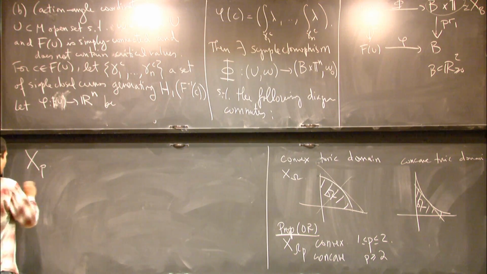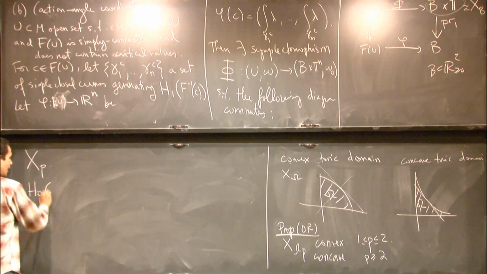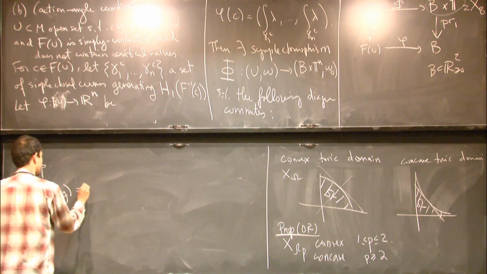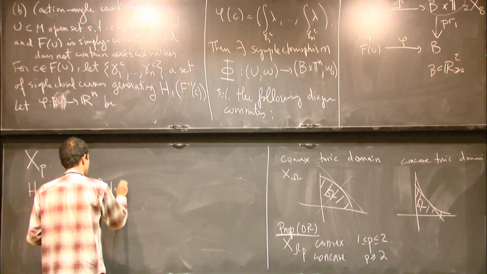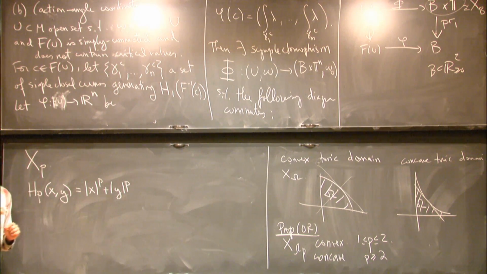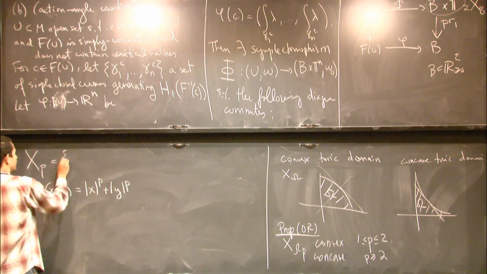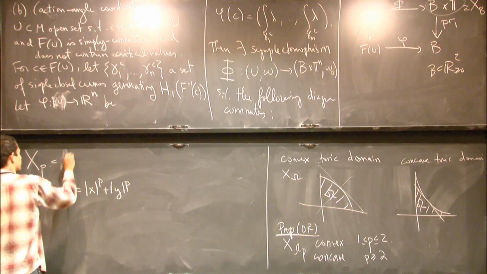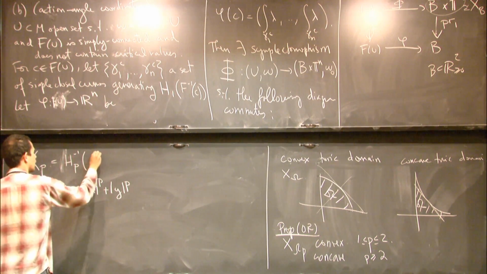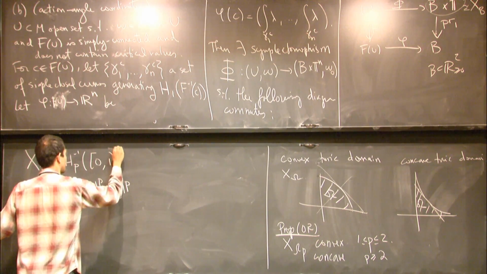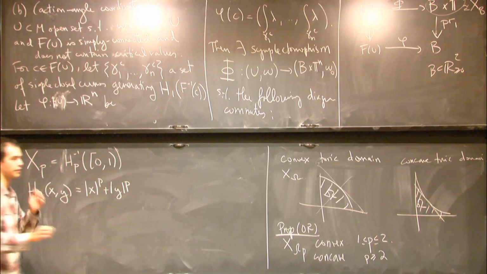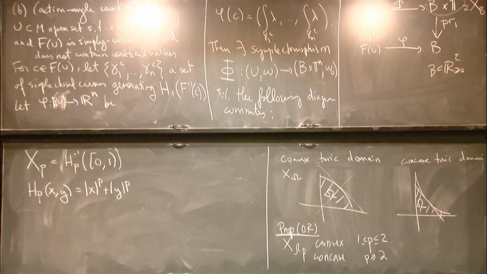So the natural one to consider is the Hamiltonian, which I'm going to just call norm of x to the p plus norm of y to the p. Because this set now is just the preimage of (0,1). I forget if I put less than or equal to. I think open is better.